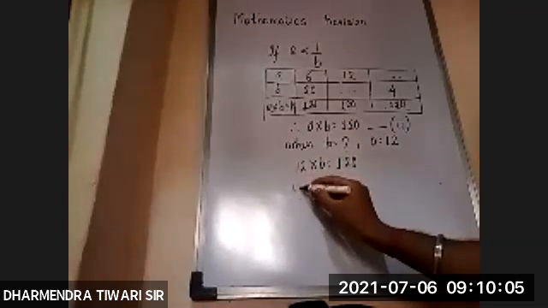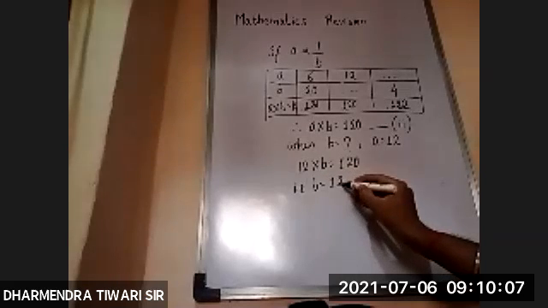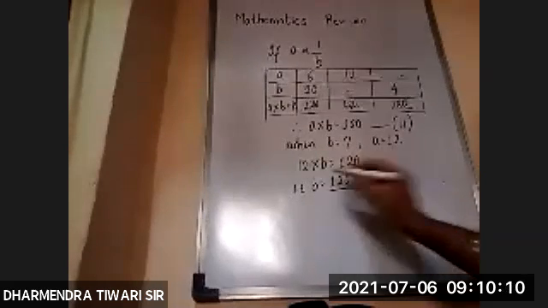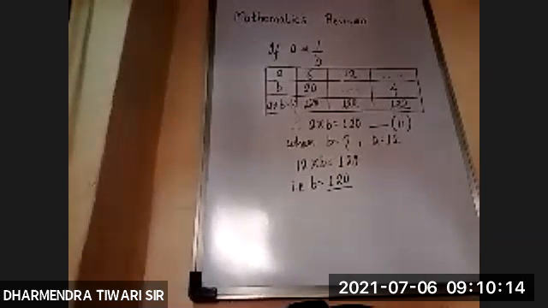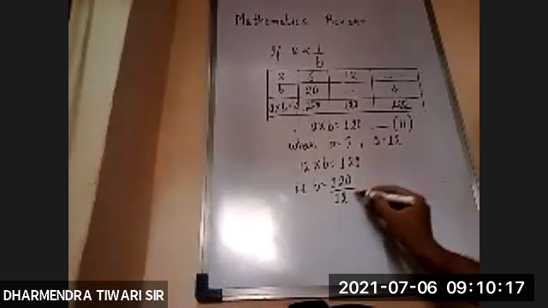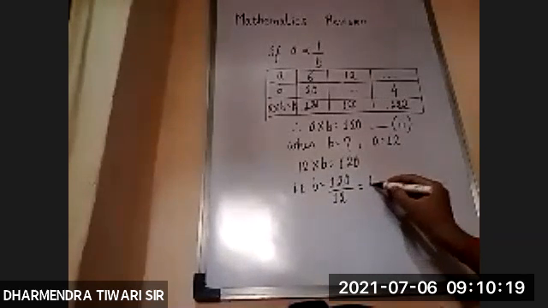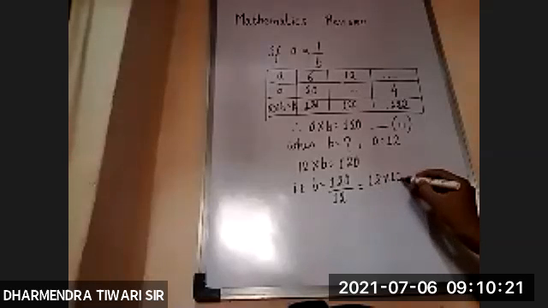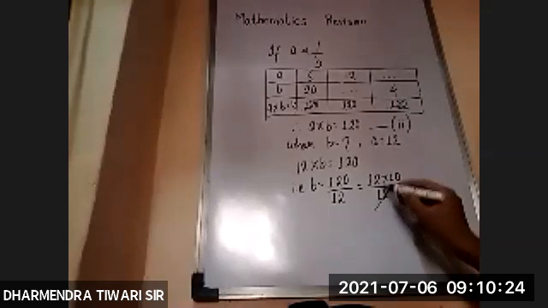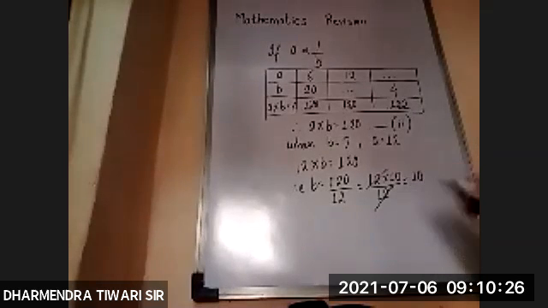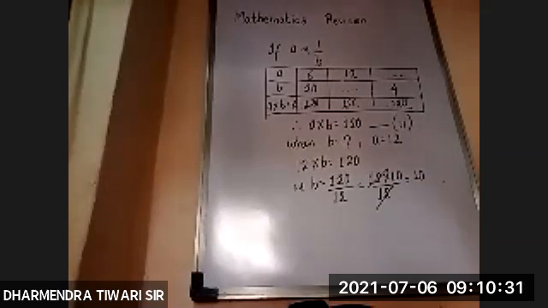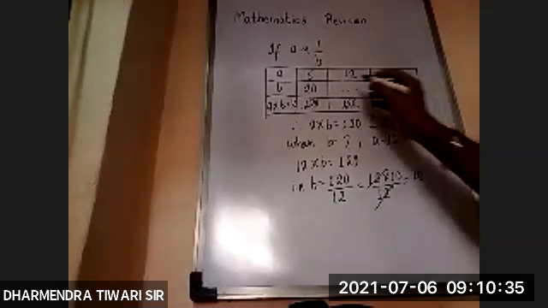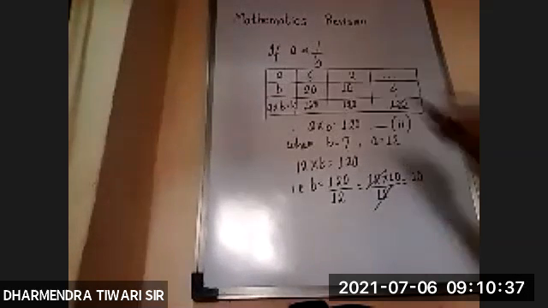So B is equal to 120 divided by 12, taking 12 to the right hand side in the form of division. We can write this as 12 into 10 upon 12, or directly you can cancel, I'm just giving the simplification part. So we got our answer as 10. So I got the value of B as 10 here.